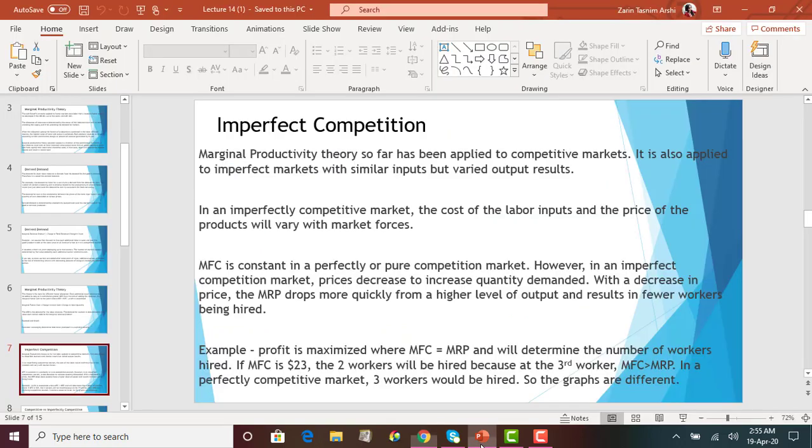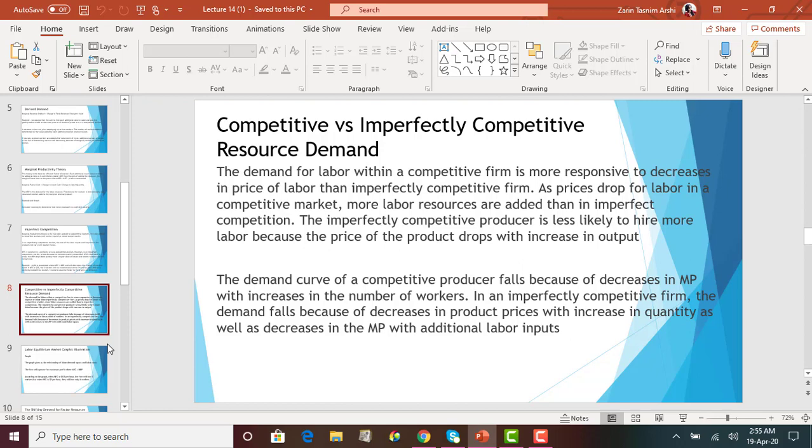So hope this gives you a very clear scenario of how the factors are allocated, how labor is allocated in a perfect competition, and how labor is allocated in an imperfect competition market. Now, the demand for labor within a competitive market is more responsive to decrease in price of labor than in an imperfect competitive market, right?